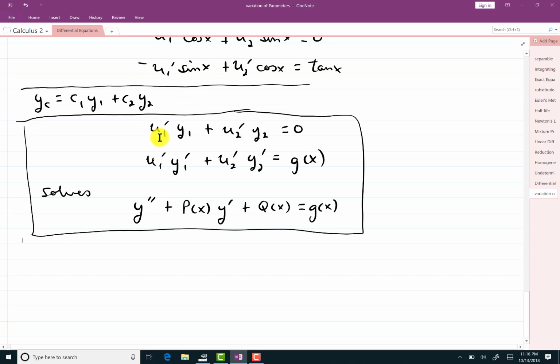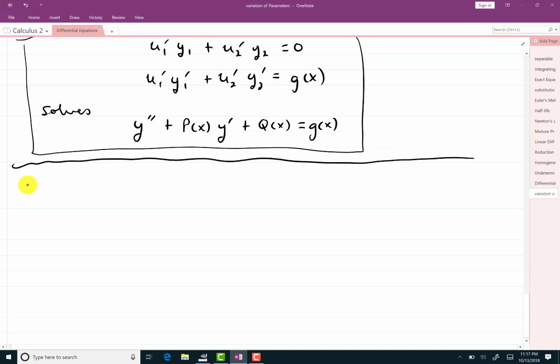And notice, we're not putting constants in front of y1 and y2 because that would just zero out when you plugged them into the differential equation. The fact is, instead of a c1, we're putting a u1. This c and this c, these are called the parameters. And we're changing the parameter, or varying them, if you want to call it that. Now we're using variable parameters instead of constant parameters. So this is the game plan. And it gets pretty easy after the first example.